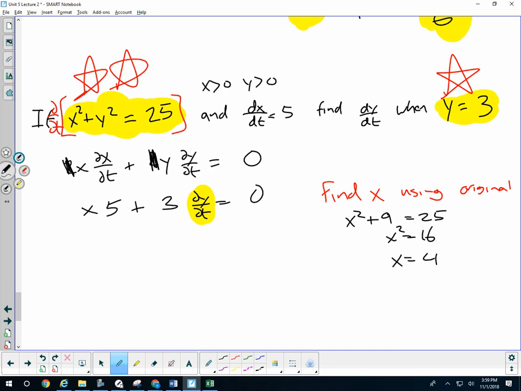Okay, you should get plus or minus 4. However, you are told that our values for x are only going to be positive.